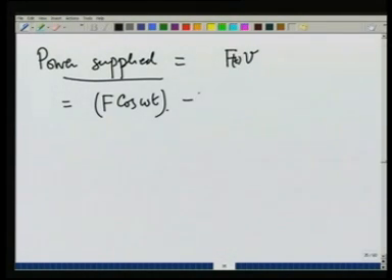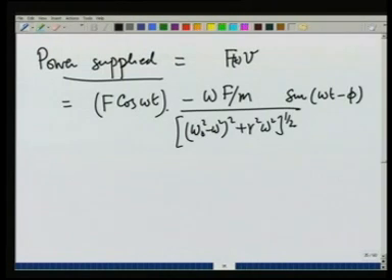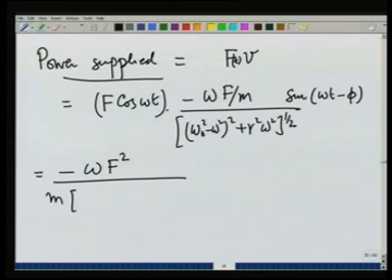Velocity is minus omega f over m divided by (omega naught square minus omega square) square plus gamma square omega square, raised to 1/2, times sine of (omega t minus phi). This can be written as minus omega f square divided by m times (omega naught square minus omega square) square plus gamma square omega square raised to 1/2.